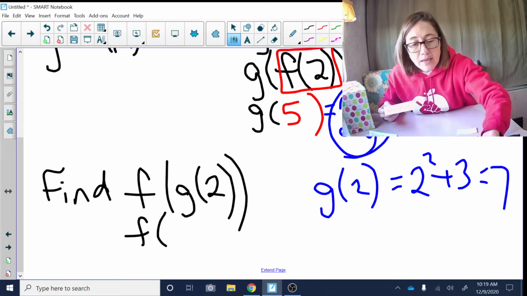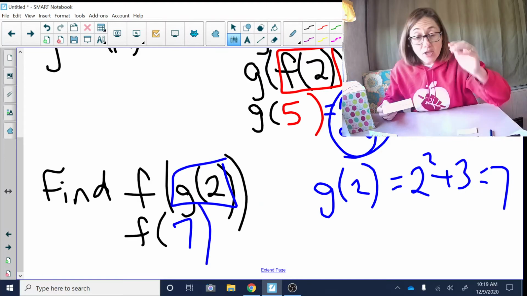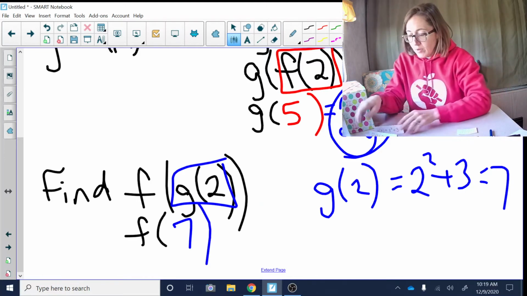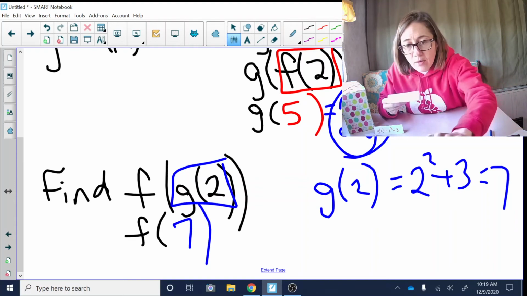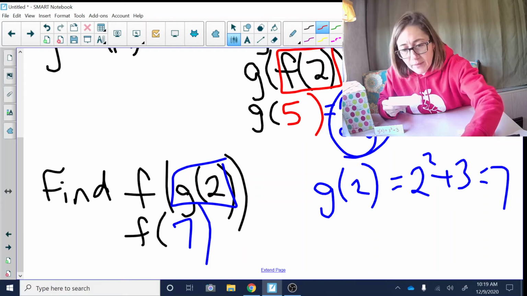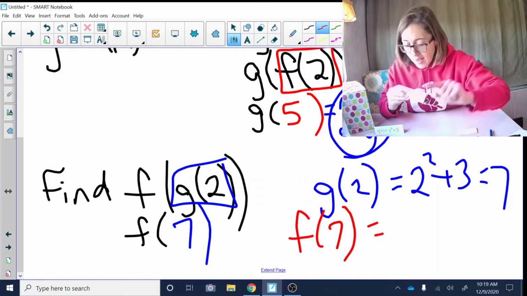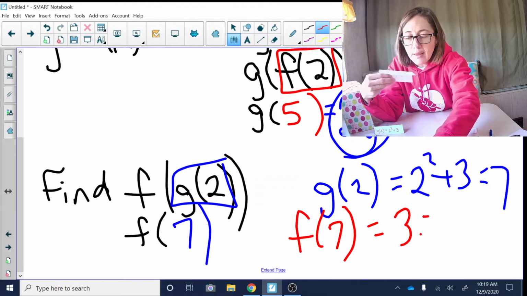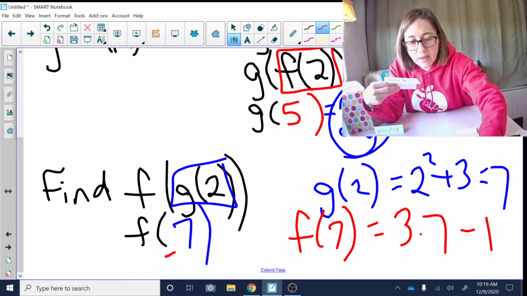That 7 is going to go into my f function, so the output of the first one becomes the input of the next. When I do f of 7, I get 3 times 7, and then I subtract 1, so that comes out to 20. So my final answer is 20.